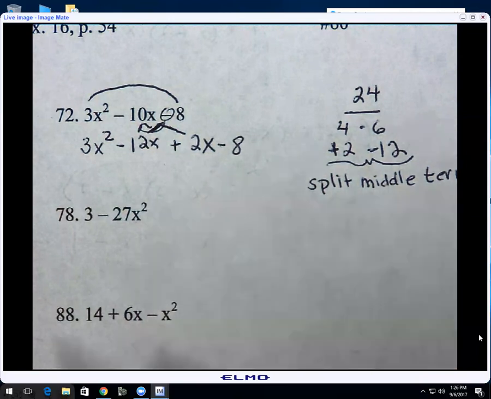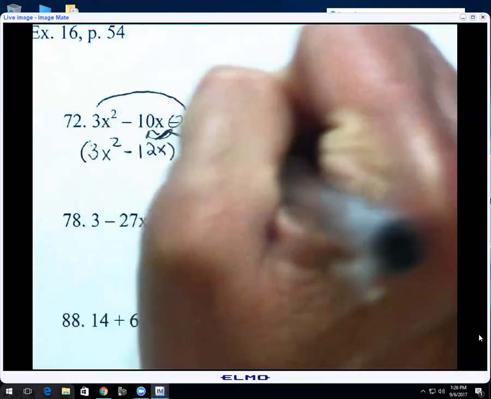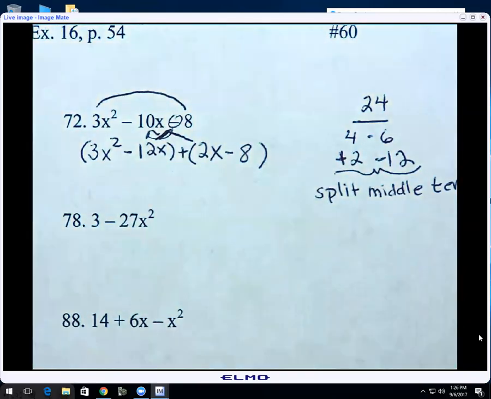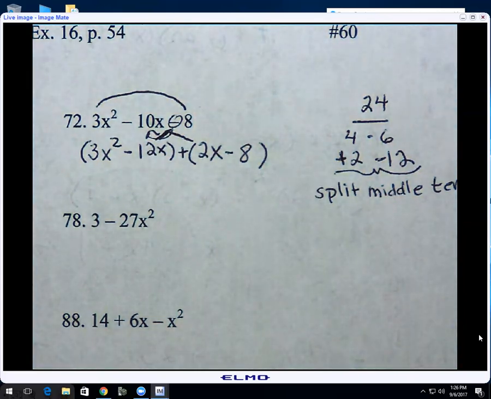Look how we did number 60 and do 72 the same way. What can you factor out of the first group? 3x.